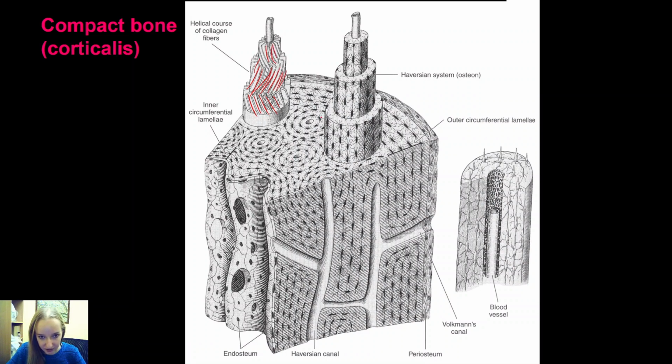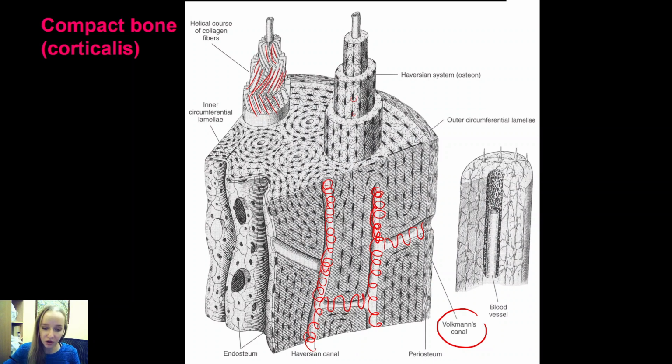And we can see in the substance between lamellae there are these osteocytes with these processes, filopodia, connecting to each other, and we can see these canals that were formed by osteoclasts, Haversian canals. They run along the bone axis, these Haversian canals, but we also have other canals here, and these are Volkmann's canals that are perpendicular to the axis, and they are connecting these Haversian canals together.